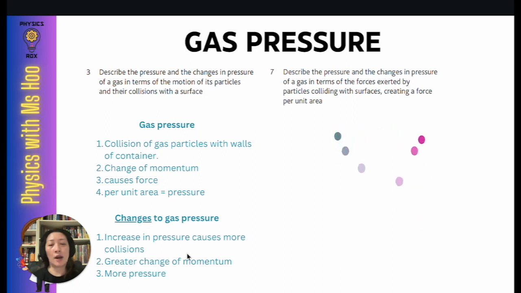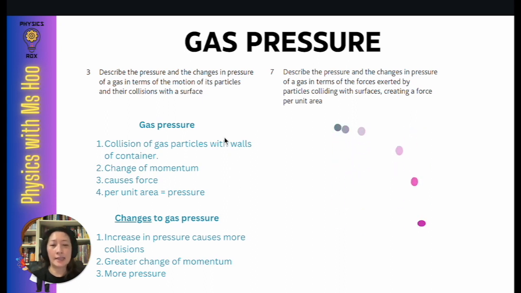You do need to know how to tweak this a little bit depending on what the question is asking. For example, if the question asks how the increase in temperature changes the gas pressure, then you need to talk about how that increase in temperature with more kinetic energy leads to that change in gas pressure. So I'm not going to go into that in detail right now, I'm just pointing this out in general that you need to be aware of.